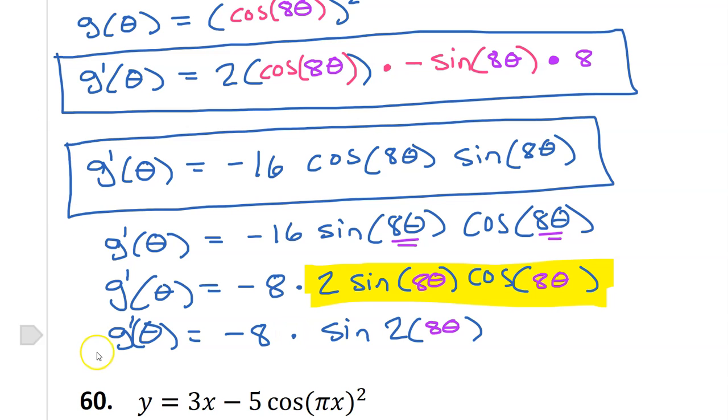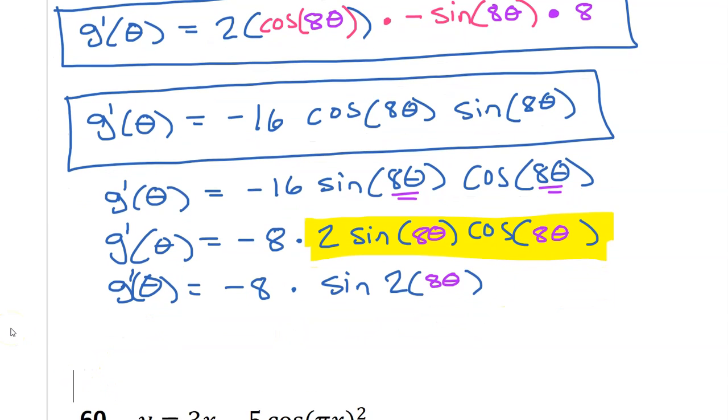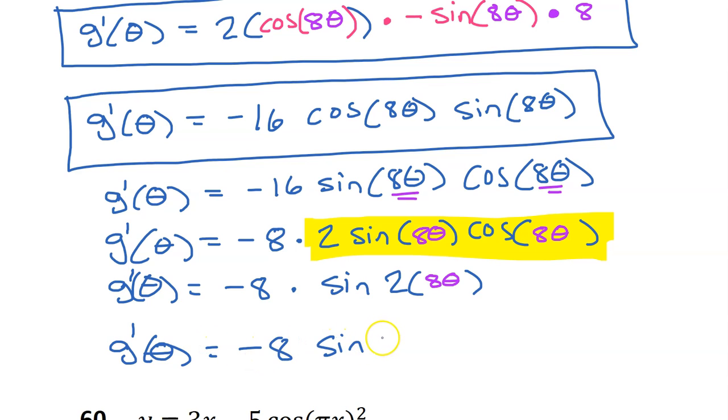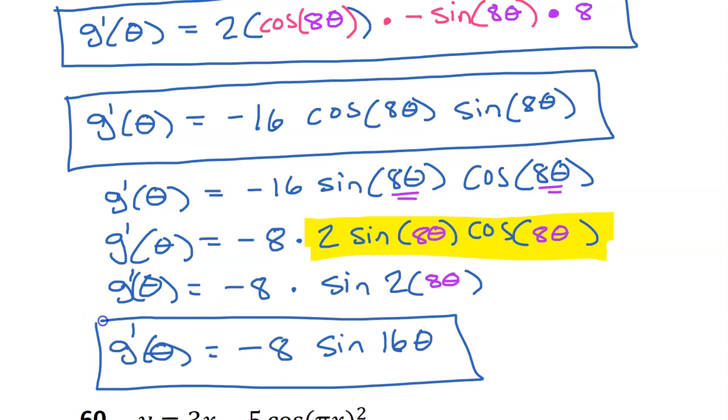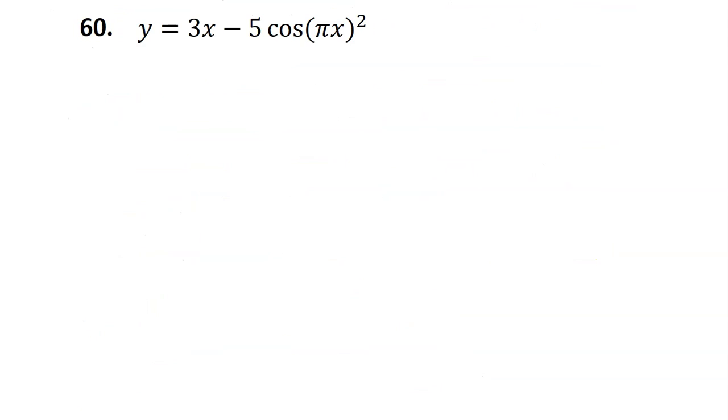I'm going to need a tiny bit more space here, I see now. So the final, more simplified answer would be negative 8 sine 16 theta. So you might see this version on a multiple choice question. So watch out for it.